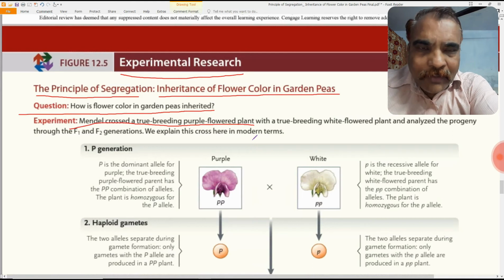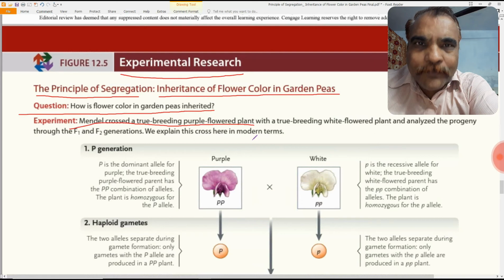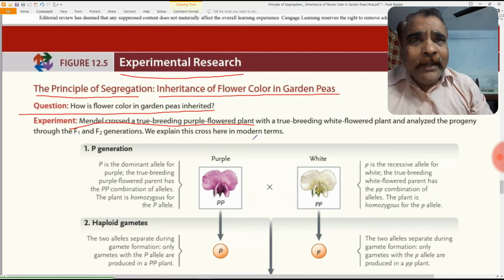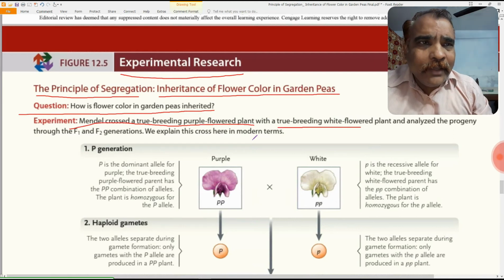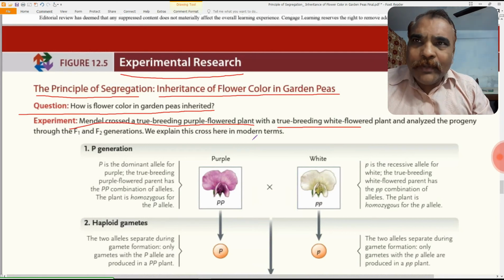For many generations he performed this, and every time he got purple color flowers. Similarly, the white color flowers were also true breeding. Generation to generation, when self fertilization took place, they produced white color flowers in the progeny.